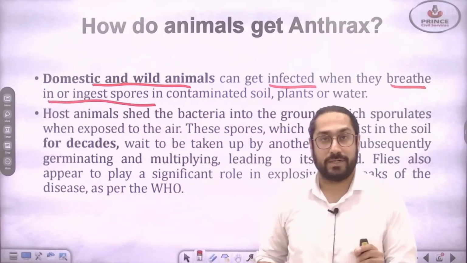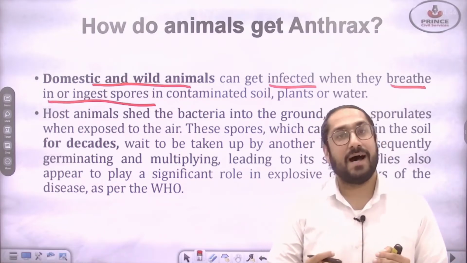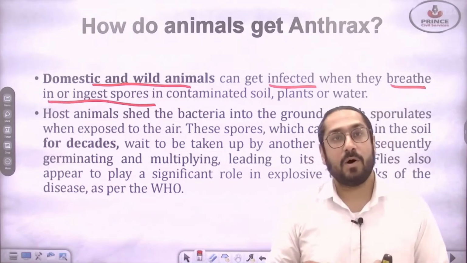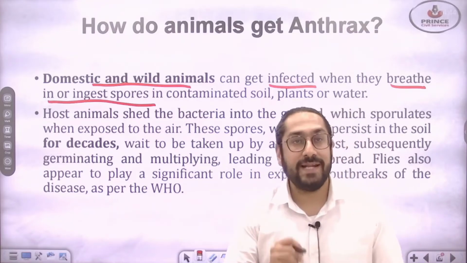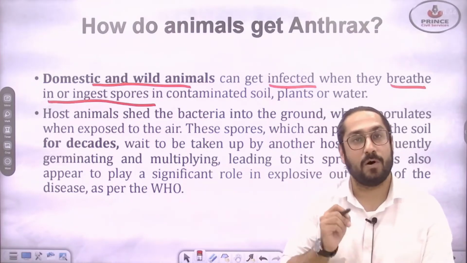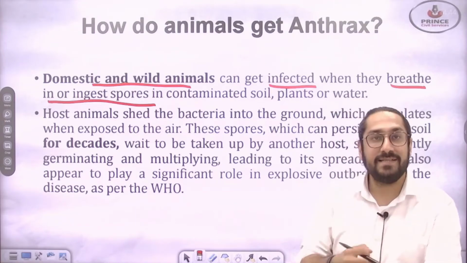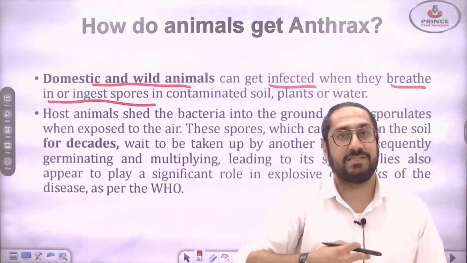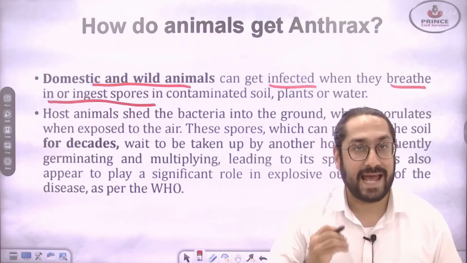These anthrax spores are in the air, or in the soil, plants or water. So whenever a domestic or wild animal consumes, breathes in or ingests the spores, they get affected by this disease, that is anthrax.